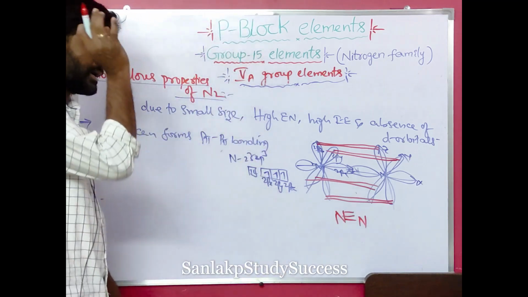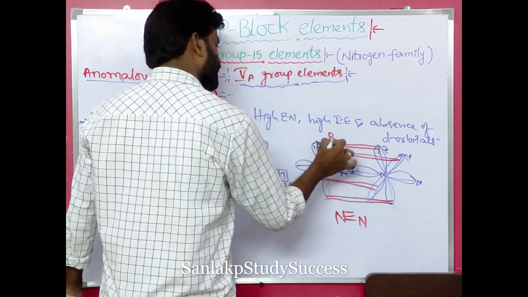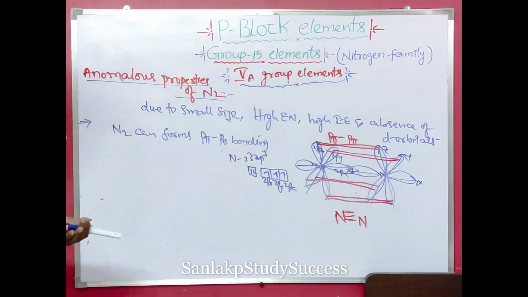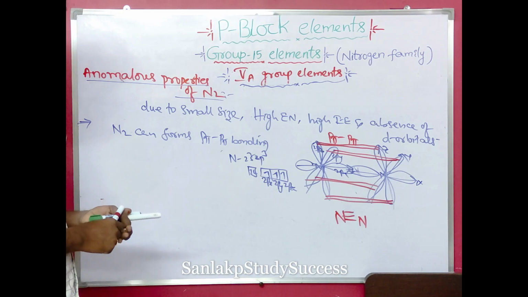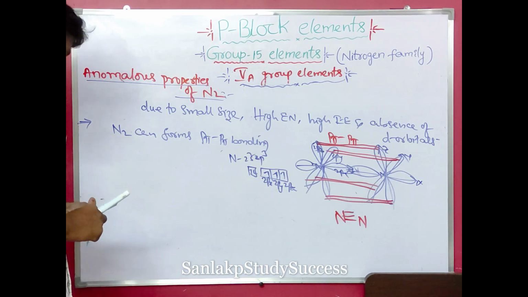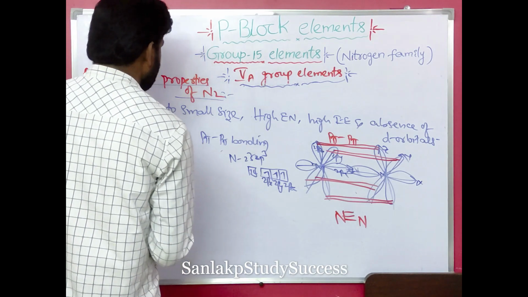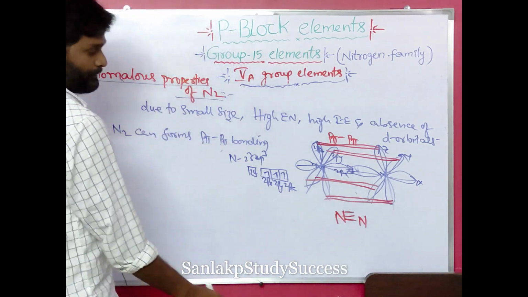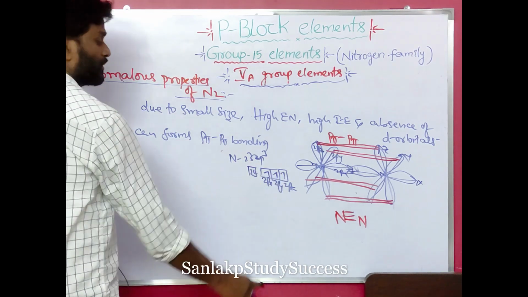This bond from p orbitals is p-pi bonding. So nitrogen can form p-pi bonding due to small size, high electronegativity, high ionization energy and absence of d orbitals. Three covalent bonds form between the two nitrogen atoms.